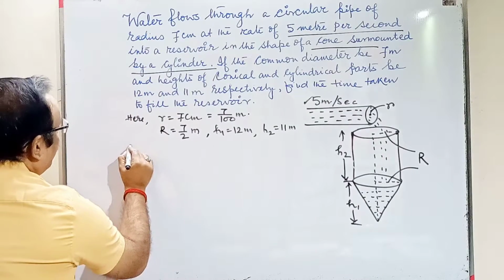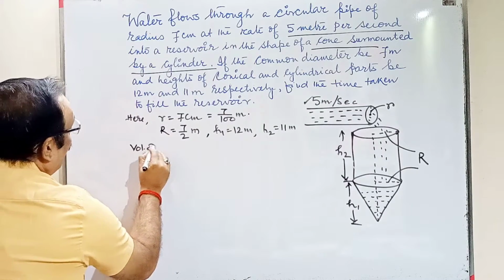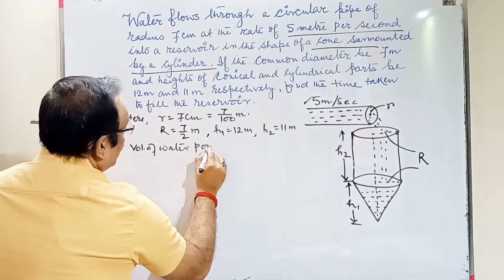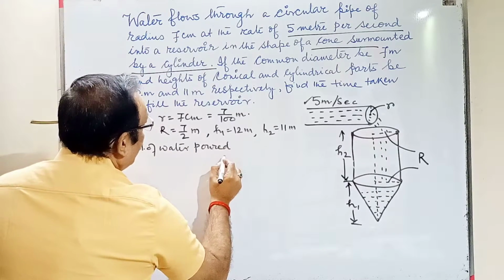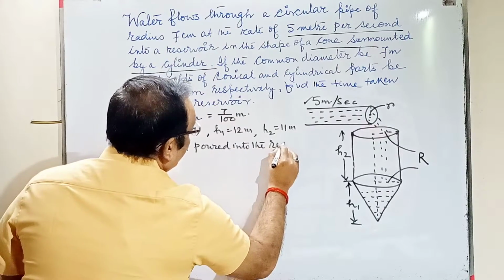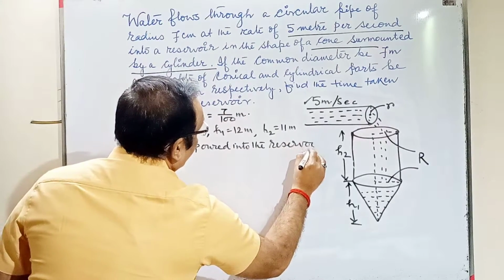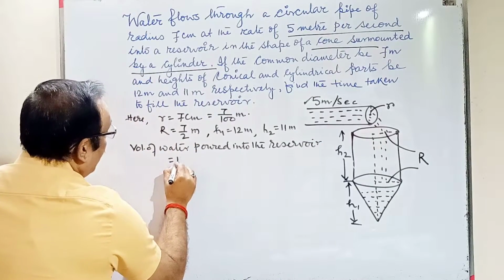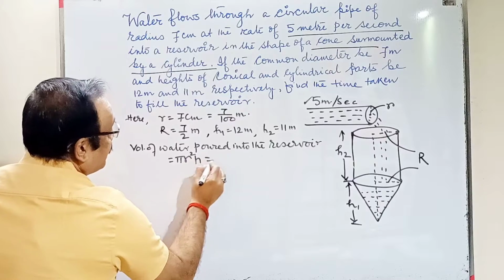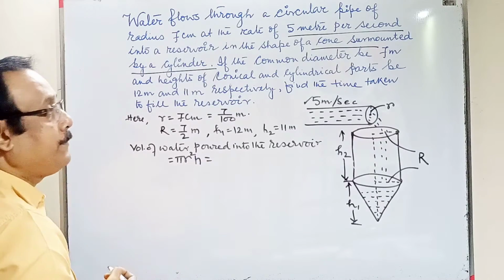So volume of water poured into the reservoir is equal to pi r square h. That's the formula for volume of cylinder.